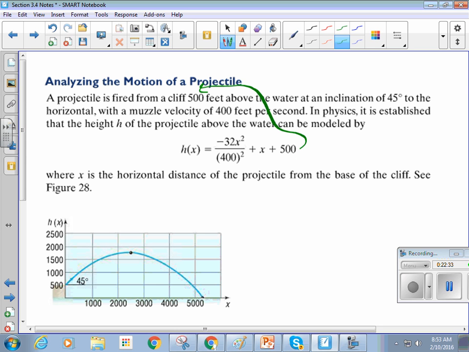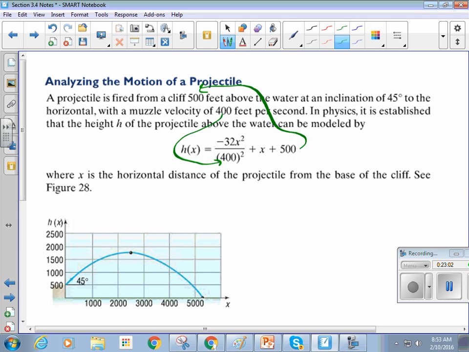Plus 500 is what you are above the water. 400 feet per second is your speed. Negative 32 is actually the accounting for gravity, because gravity is pulling you down to the earth. So that's why projectile motion always comes back down, because it's always a negative parabola, is gravity. Thanks, gravity.